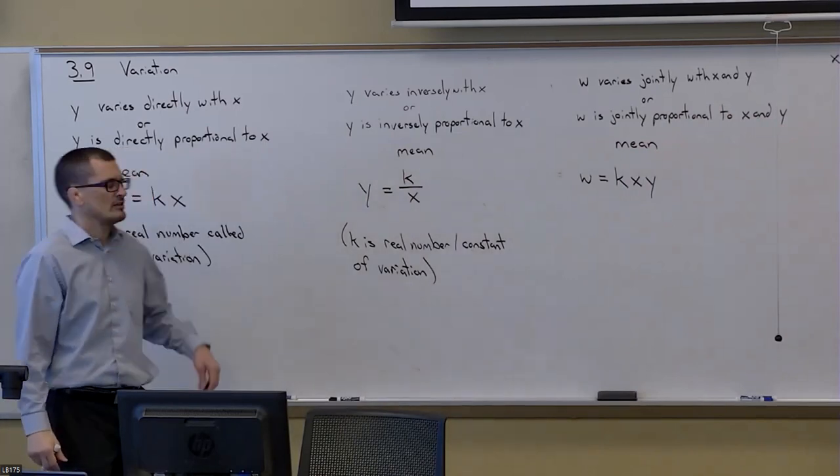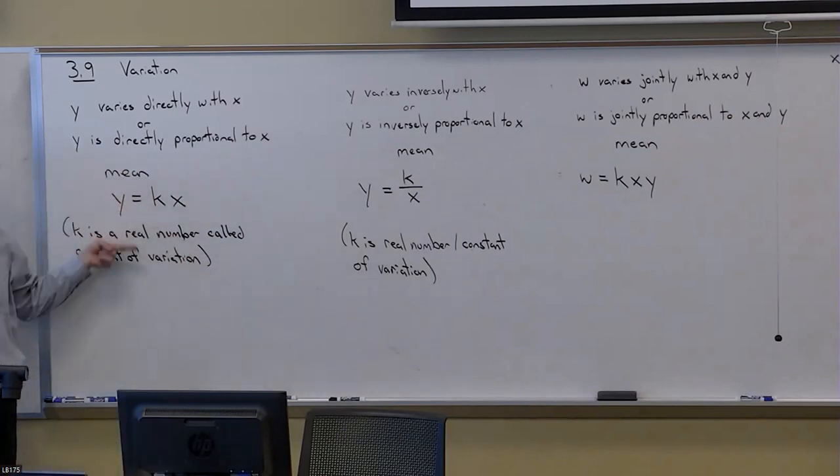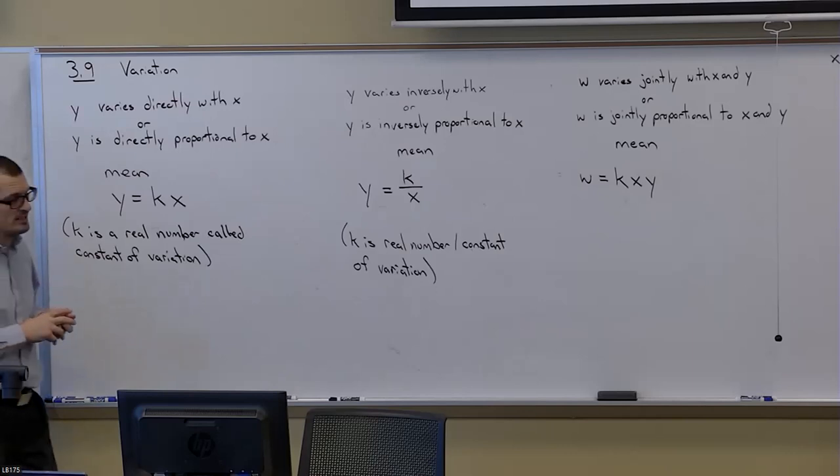It's kind of like directly and then directly again. I'll write K as a constant of variation.